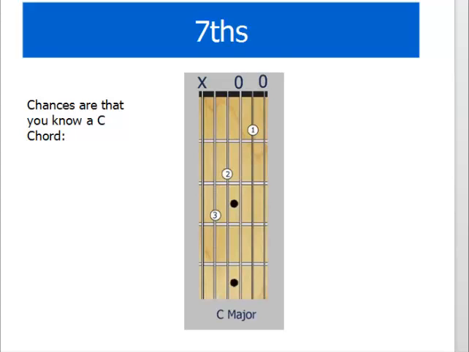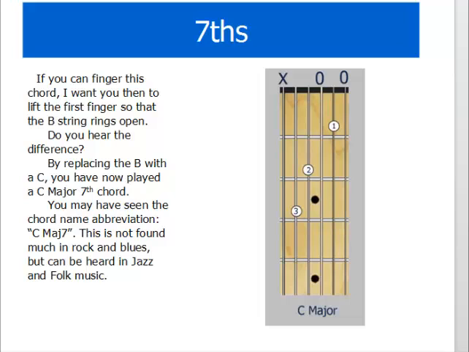Let me just play the C major chord first. Okay, you know this chord probably. And now, if we drop the first finger, it'll become a B, and the chord becomes a C major seventh.